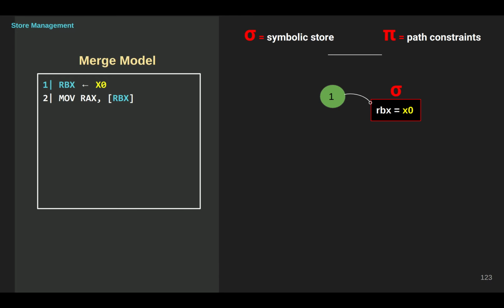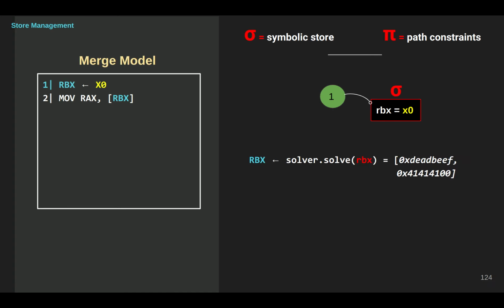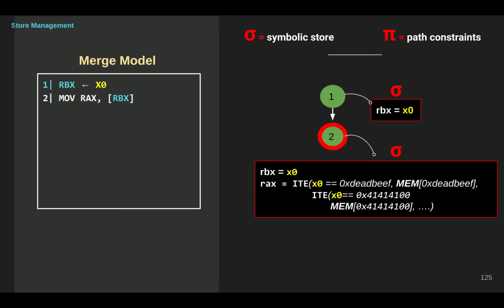There's the merge model, which is slightly similar. Instead of forking, the expression of REX is an if-then-else, like the merge that we saw before. So if x0 equals something, then REX equals mem of something. If RBX equals something else, then REX equals mem of something else.